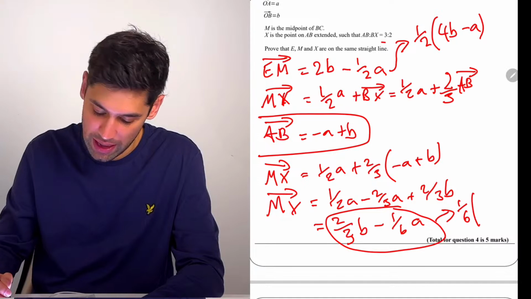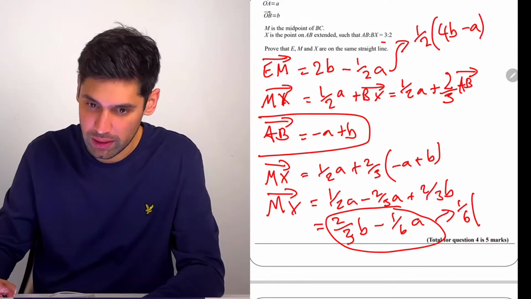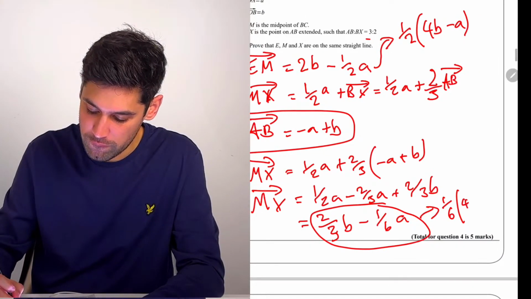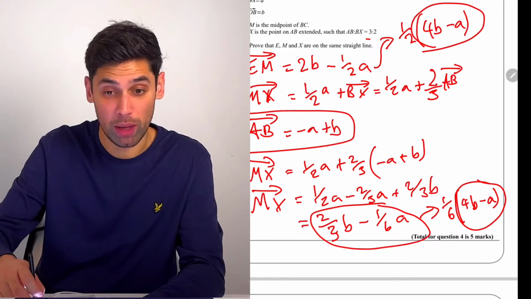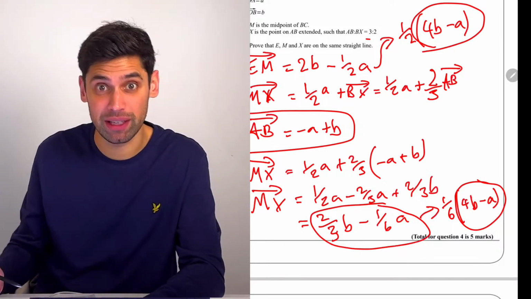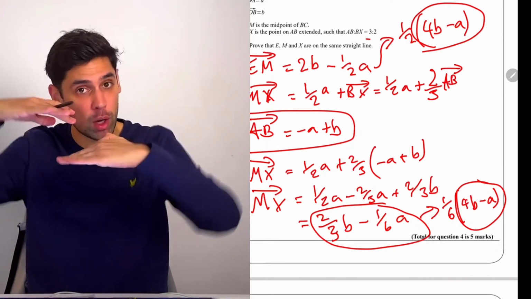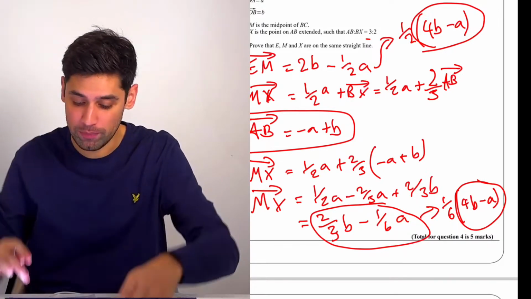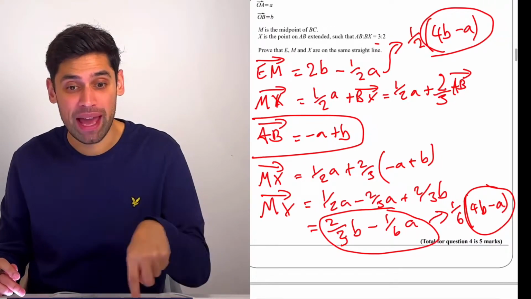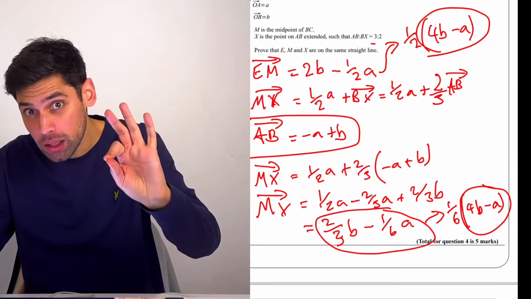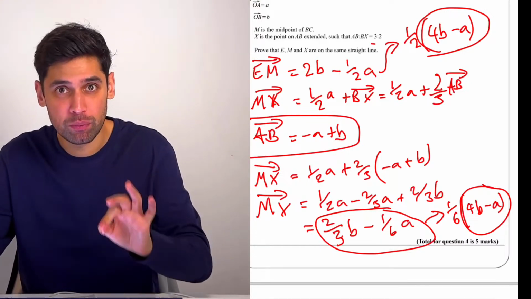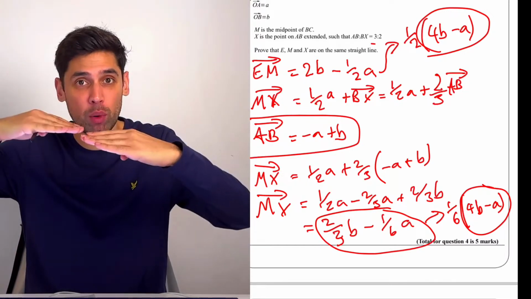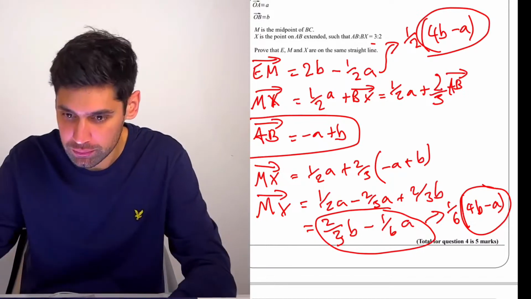Because 2/3 is 4/6, that's going to leave us with 4B minus A. Because 4B minus A and 4B minus A are here, this one up here is just a half of it. This one down here is a sixth of it. That shows they are parallel. They are multiples of each other, so they are going in the same direction. And because EM and MX both go through point M, they are parallel, going through the same point, so they are the same straight line.